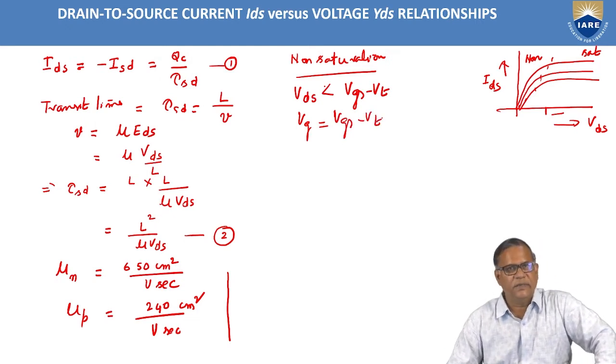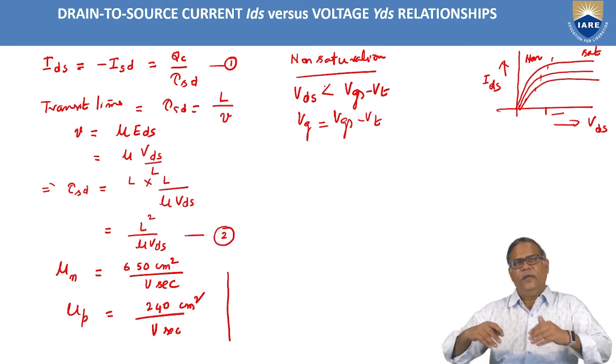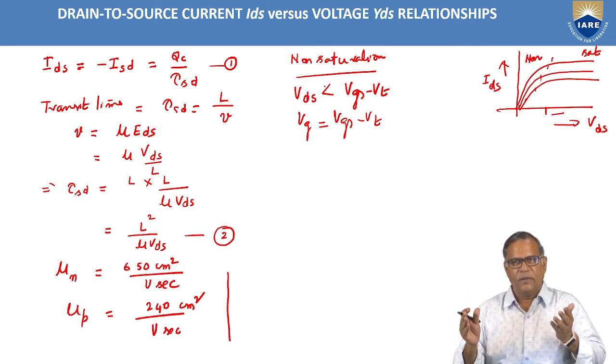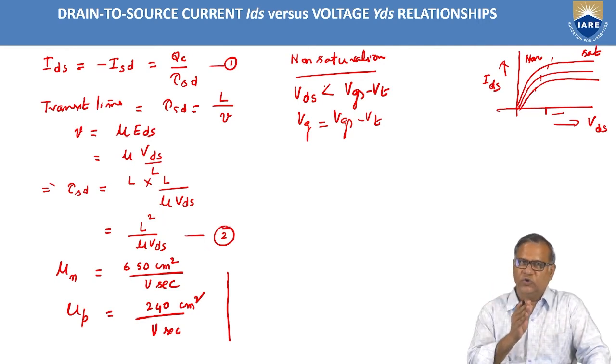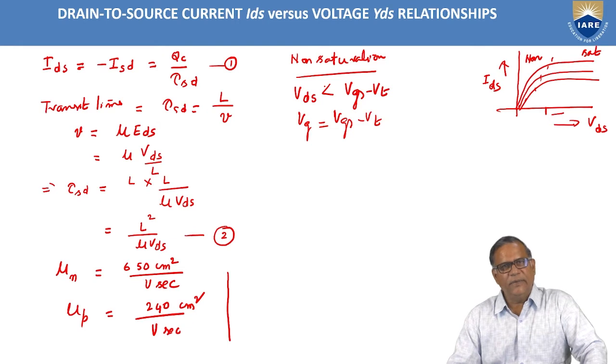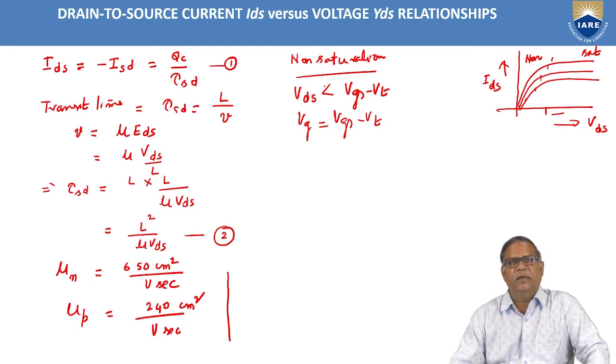So this is the case where no voltage is applied between the drain and source. So when you apply a voltage between drain and source, there is going to be ohmic drop from drain to the source. So at the drain terminal, you are going to have maximum voltage. At the source terminal, you are going to have zero voltage. So what is the average voltage?